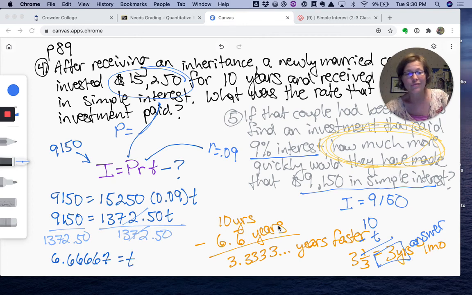Probably what I do, I have 6.6666666 on my calculator screen, so I just do 10 minus answer, and I'd end up with 3.3333333. You could give that as your answer. 3.3333 years faster. You could say that it is 3 1/3 years faster. Or you could even figure out what 1/3 of a year is. 4 months, so 3 years and 4 months.